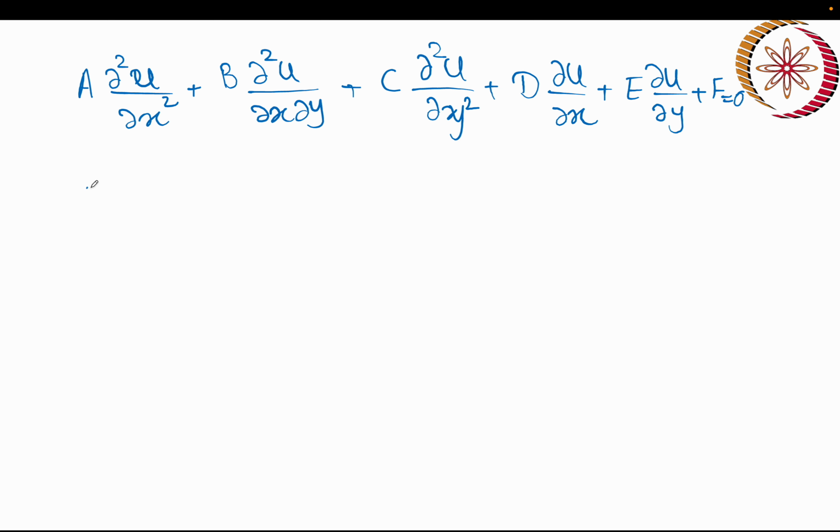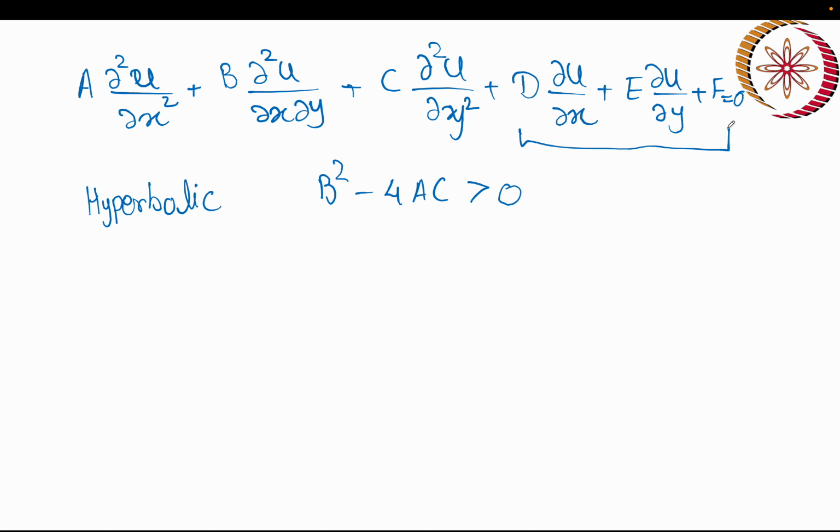Let's say first is hyperbolic. So hyperbolic will have b² − 4ac greater than 0. You can see that we are not using the lower order terms to find the nature of this second order partial differential equation. We are just taking these three terms and their coefficients.